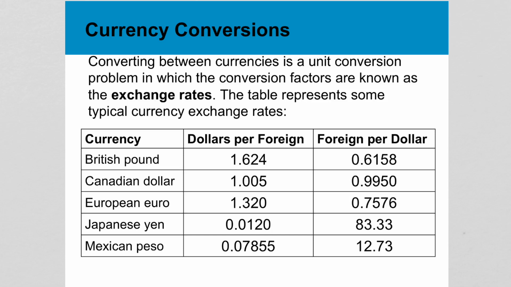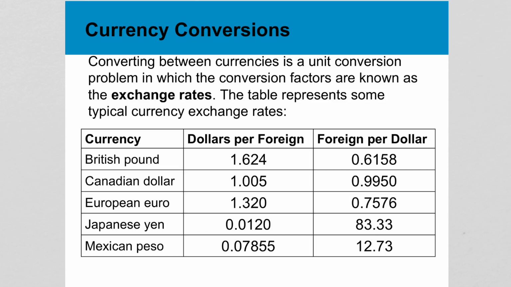So this is saying that the British pound, no, let me make sure I'm saying that right. $1.624 is equal to 1 British pound, or over here, 0.6158 British pounds is equal to $1.